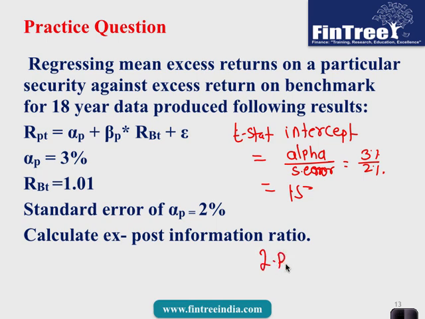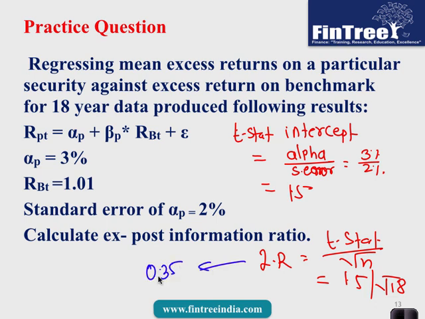And then step number 2, information ratio is equal to t stat divided by root n. So 1.5 divided by root of 18, because we've taken 18 years of data, and that would give us an information ratio of 0.35. Is it easy?